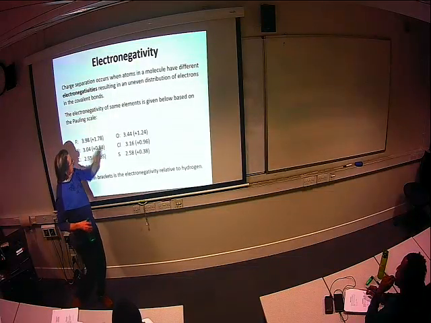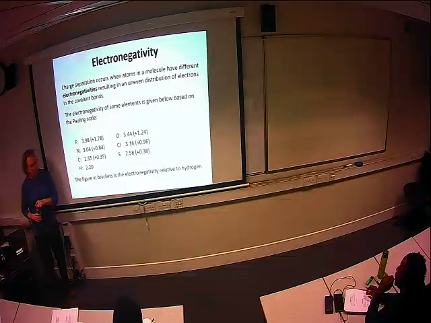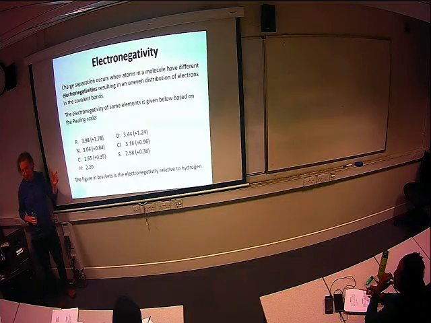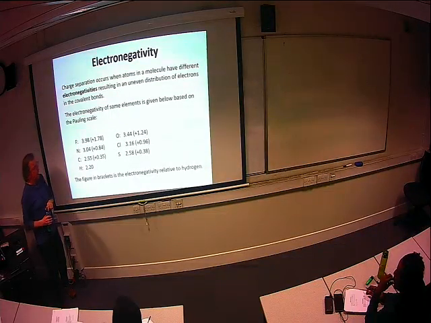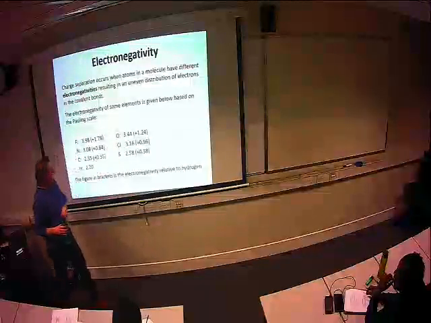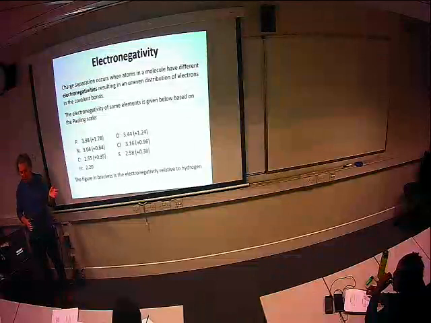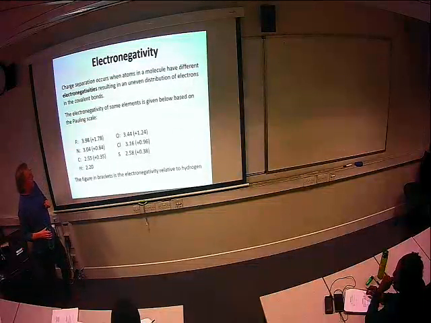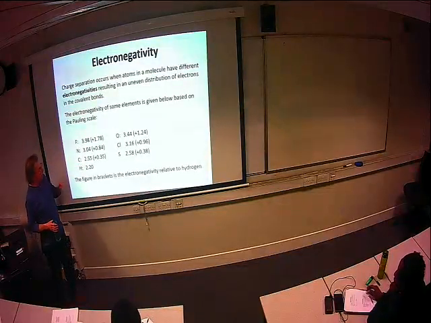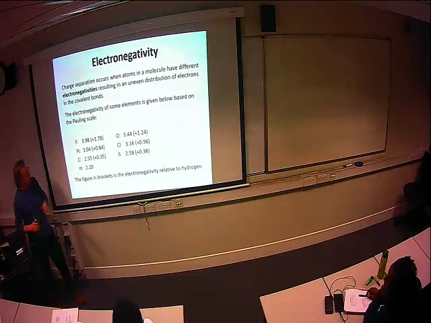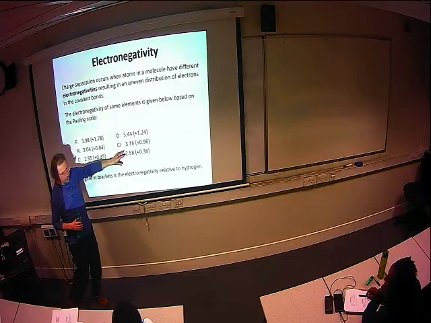Oxygen is relatively high as well, and that's significant because we're going to be thinking about the properties of things like water, methanol, alcohol molecules. The other halogens like chlorine are also relatively high. Nitrogen is fairly high, but a little bit further down from oxygen. Sulfur a little bit less.